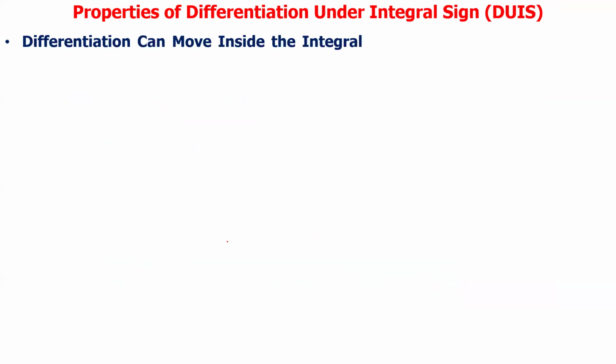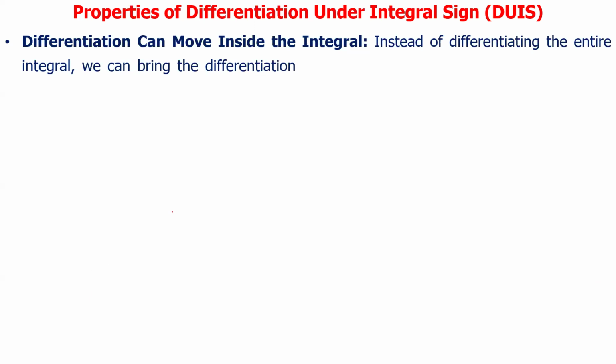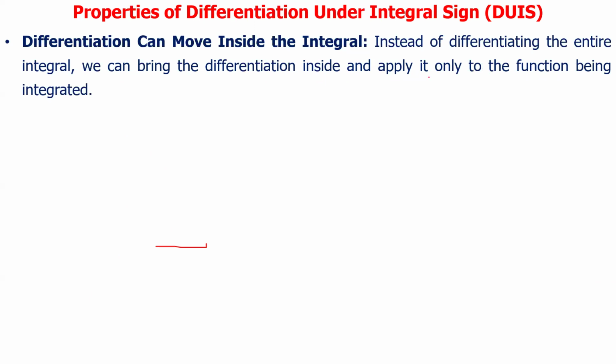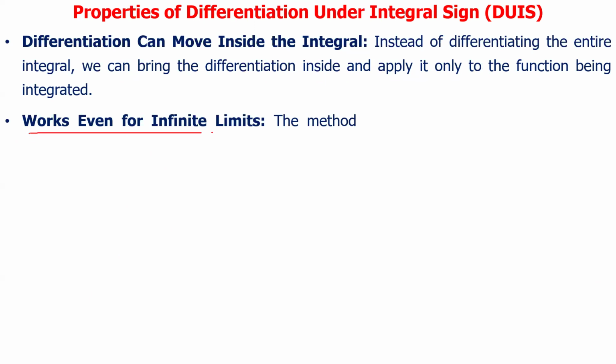What are the different properties of differentiation under integral sign? The first property is that differentiation can move inside the integral. Instead of differentiating the entire integral, we can bring the differentiation inside and apply it only to the function being integrated. The second property is that it works even for infinite limits.